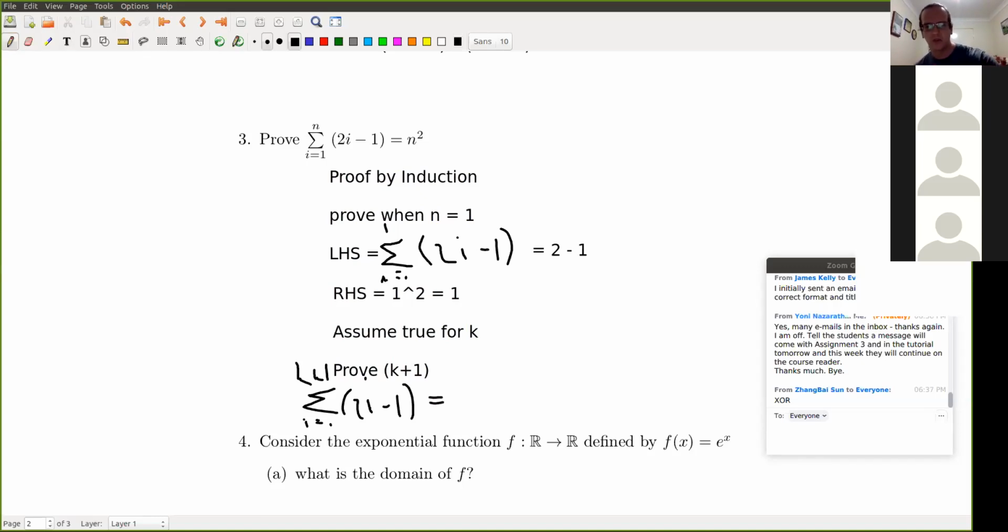So this equals the sum to k of 2i minus 1, plus 2k.